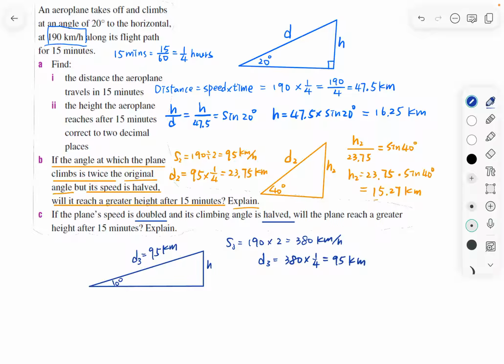So H3 over 95 equal to sine 10 degrees. Therefore, H3 equal to 95 times sine 10 degrees.